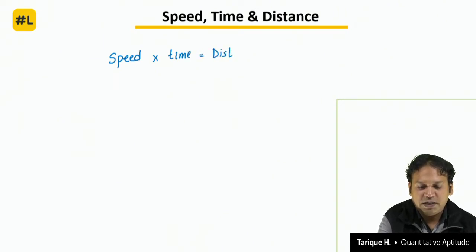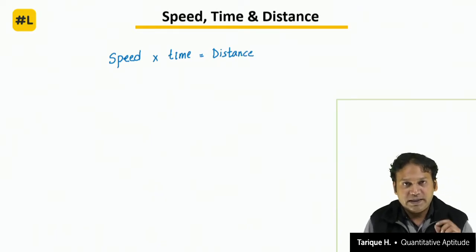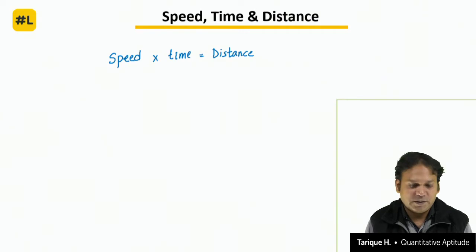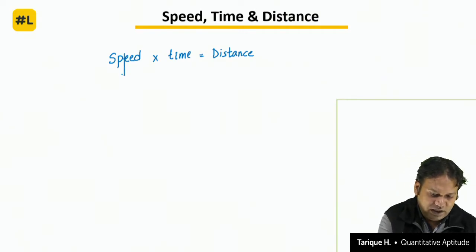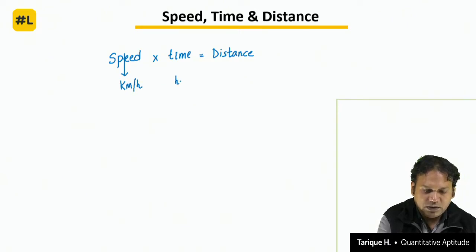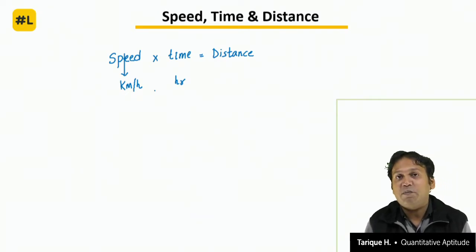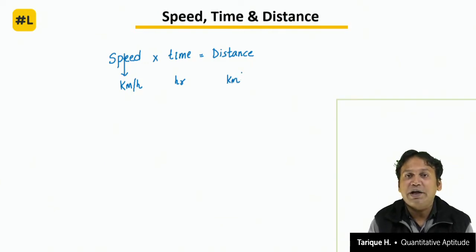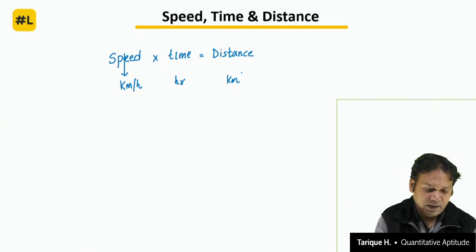If we know the speed at which an object is travelling and if we know the time for which the object is travelling, multiplying them we can find out the distance covered by the object. Normally speed is given to us in kilometers per hour, time in hours, and if speed is in kilometers per hour and time in hours, distance will be in kilometers. These are the standard units of speed, time and distance.